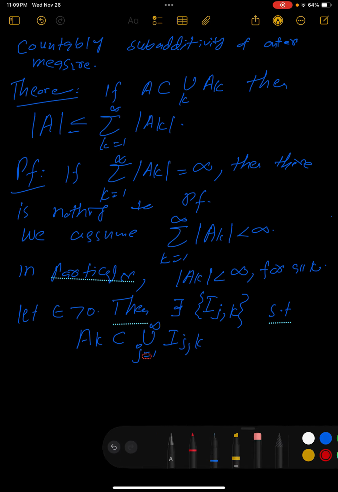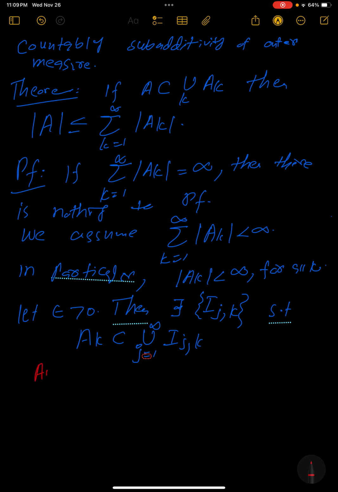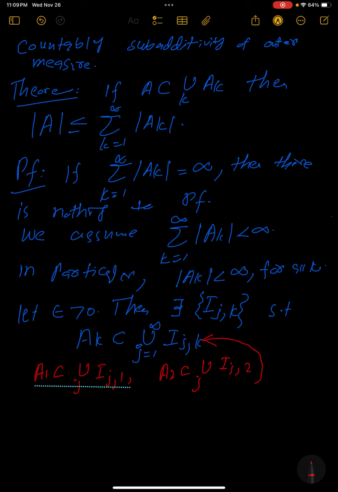So from here it is clear that A1 is contained in the union over j of Ij1, and A2 is contained in the union over j of Ij2, and so on. For every set we will have a cover.